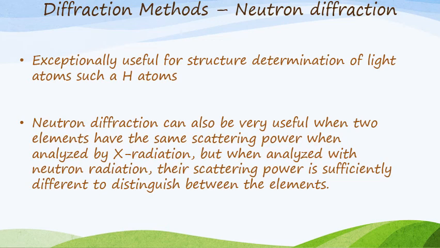For example, iron and copper, which are very close to one another on the periodic table, will scatter X radiation very similarly, and since there's only one electron difference between two neighboring elements in the periodic table, it becomes tricky to tell them apart. But you can use neutron radiation because the scattering power of these elements is significantly different. So this is the reason why we would sometimes go to neutron diffraction, to try to distinguish between whether we have an iron or a copper, for example.